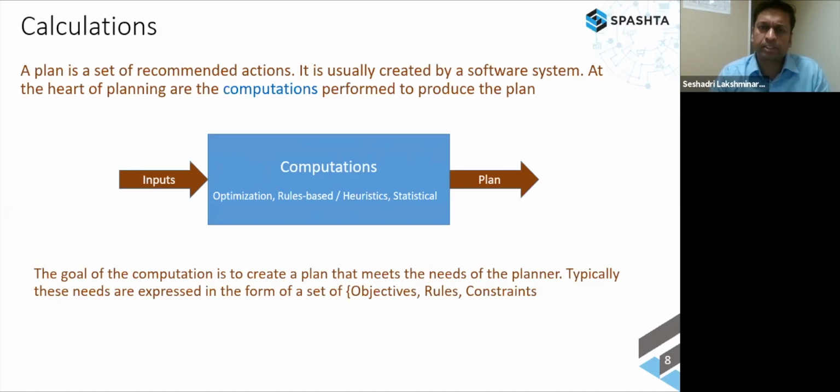And the third part of it is statistical or stochastic techniques. These are typically used when there's a lot of unknowns. So in demand planning, for example, I would use a lot of statistical rules. Production planning will use either an optimization computation, or it could be rule-based heuristics, because there's a little bit more certainty on the production side than in demand, where there's a lot of uncertainty.